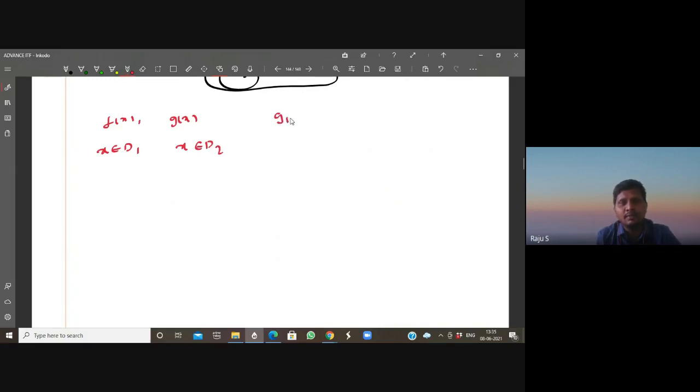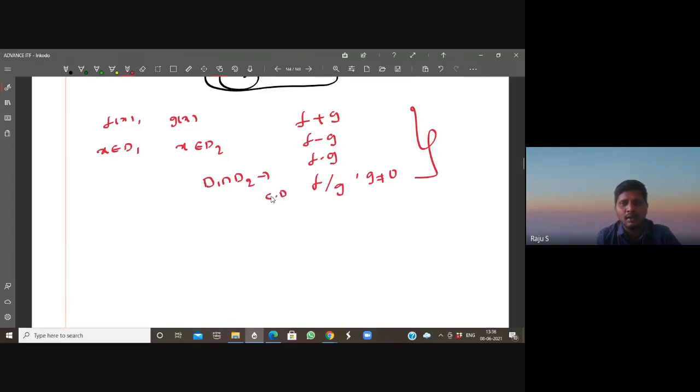Then for the function f plus g, f minus g, f into g, and f by g with g not equal to 0, in all four cases d1 intersection d2 is the common domain. Common values only are the required domain.